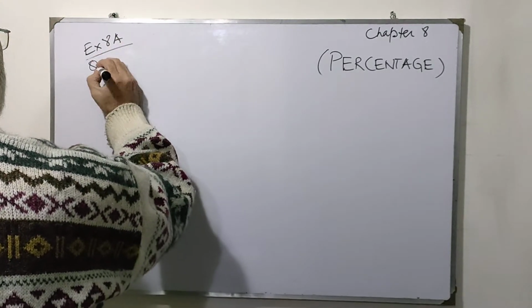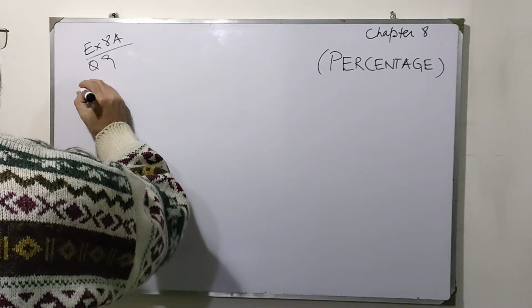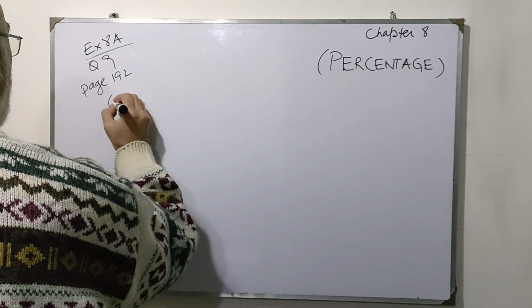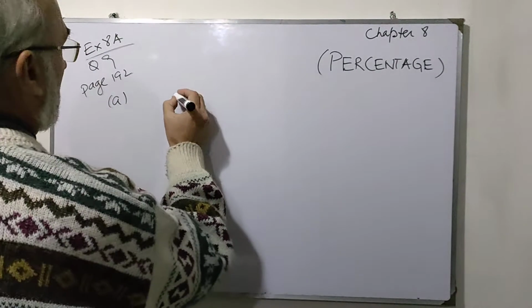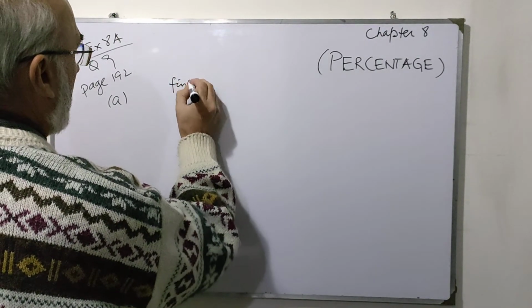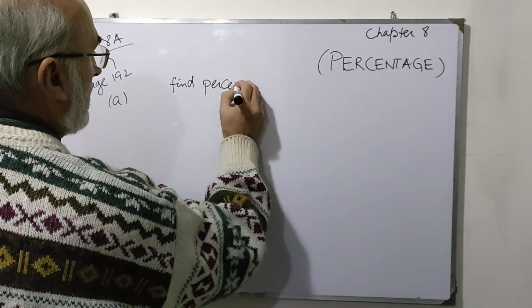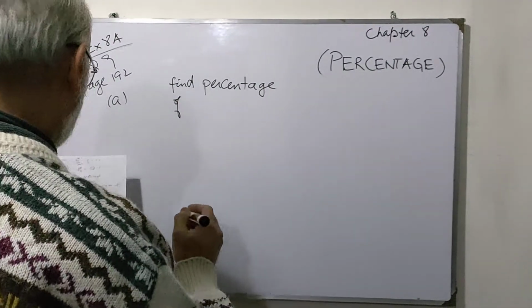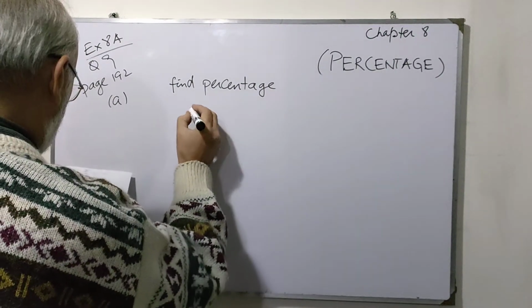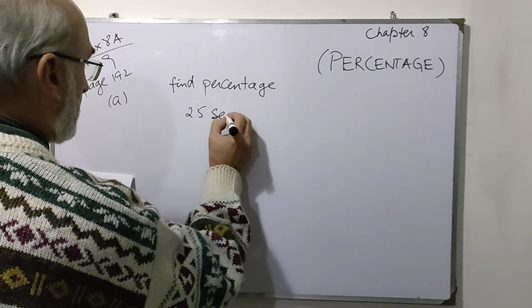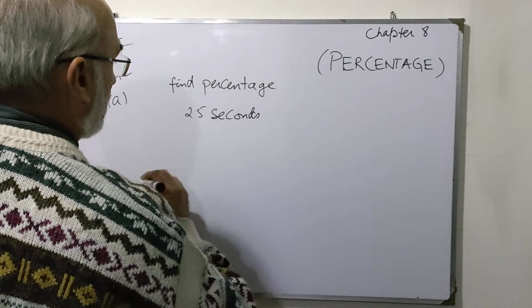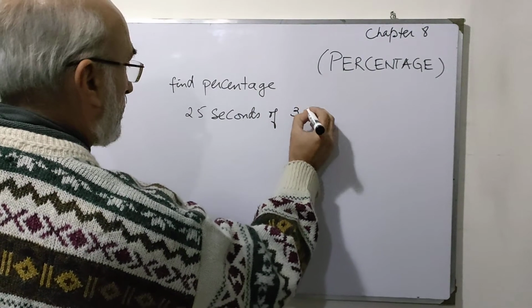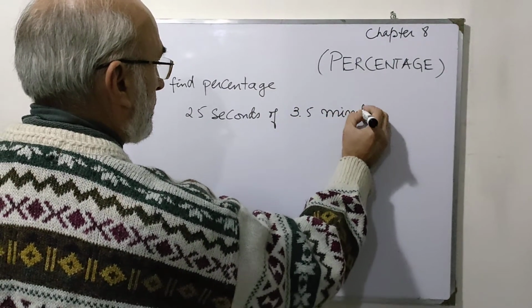Okay, question 9, page 192, part A. Find the percentage of 25 seconds of 3.5 minutes.